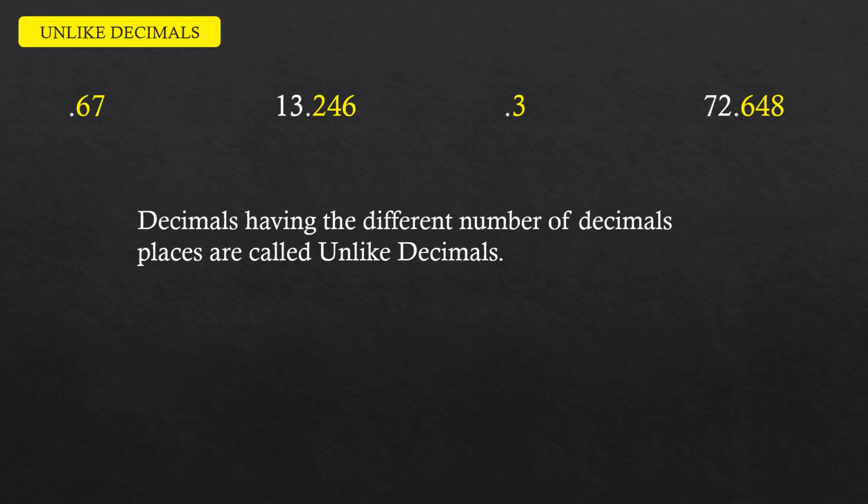Now here in the examples you can see the numbers are not the same. In the first example there are two numbers after the point. In the second example there are three numbers after the point. So these are unlike decimals because they don't have the same number of digits after the point. I hope the concept of like and unlike decimals is clear to you.